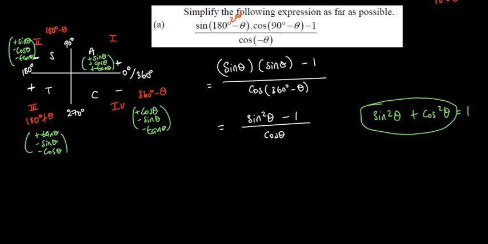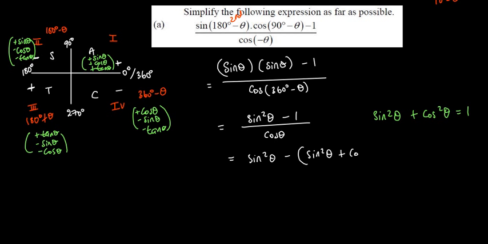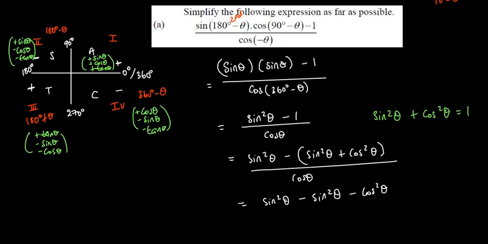So I'm going to say I have sine squared theta minus, and inside, remember to use brackets, we will have sine squared theta plus cos squared theta, all divided by cos theta, and therefore we shall have sine squared theta minus sine squared theta, minus cos squared theta. So I'm multiplying by the negative inside.